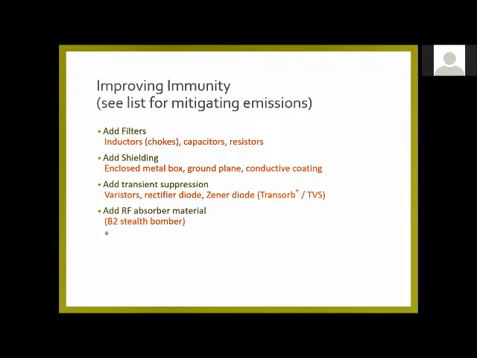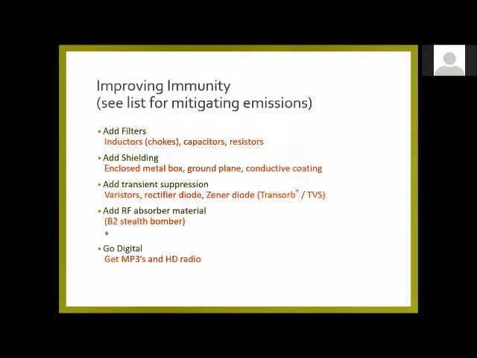We use the same capacitors, inductors, resistors, shielding, transient suppression, and RF absorbing material. They work the same way because of reciprocity principles, so that we know if we do one thing, it also works for immunity in the same way.